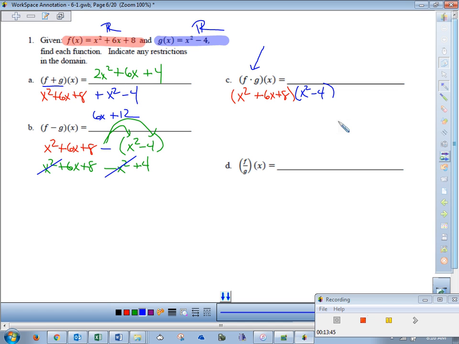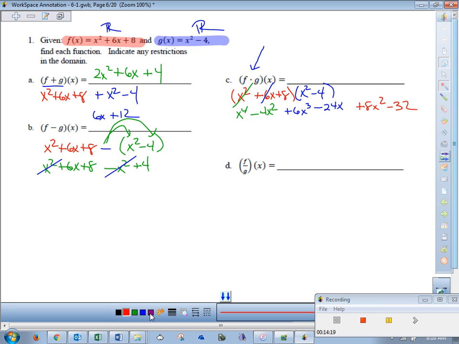So every red dude times every blue dude individually. So that would be x to the 4th minus 4x squared plus 6x cubed minus 24x plus 8x squared minus 32. And then you combine your like terms.